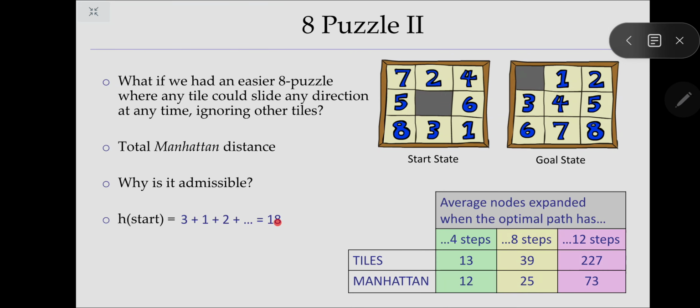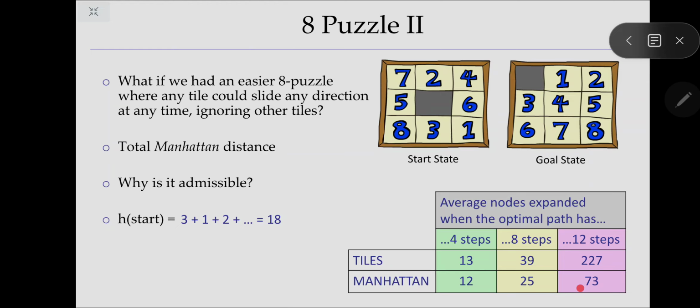If you use this better heuristic and implement A star again with respect to both of the heuristics, in the first version, you consider 13, 39, 227 expanded nodes, but when you use A star with Manhattan distance, you just check 12, 25, and 73 expanded nodes for the A star implementation.